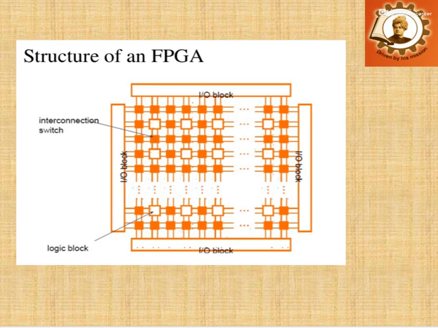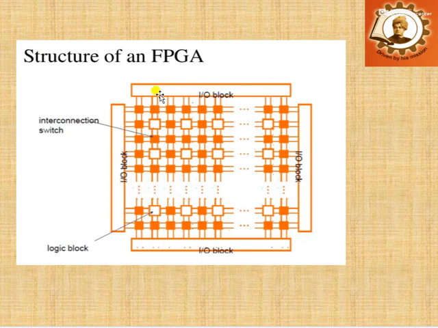In this way you can reduce the size of your system, and it will also be cost effective. So let us move on to our FPGA structure. The FPGA consists of interconnection switches, that is programmable switches, and logic blocks. The logic block is basically called a configurable logic block, and there will be some IO routing through the IO block.